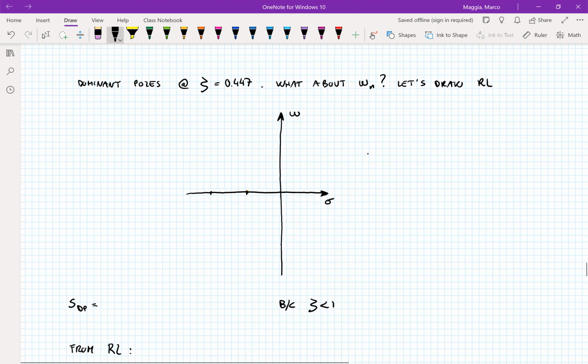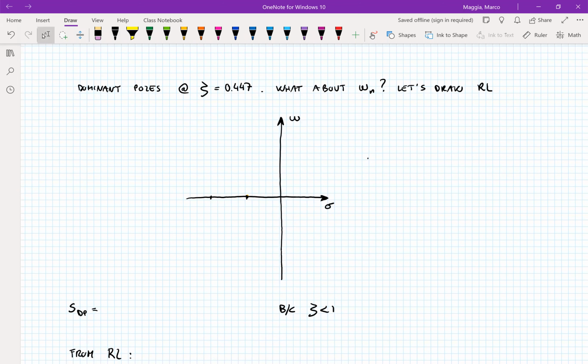So let's take a look at the dominant poles for this closed loop transfer function. We're given that the damping ratio is 0.447. But what about the natural frequency associated with them? Well, we can infer that by drawing the uncompensated root locus.